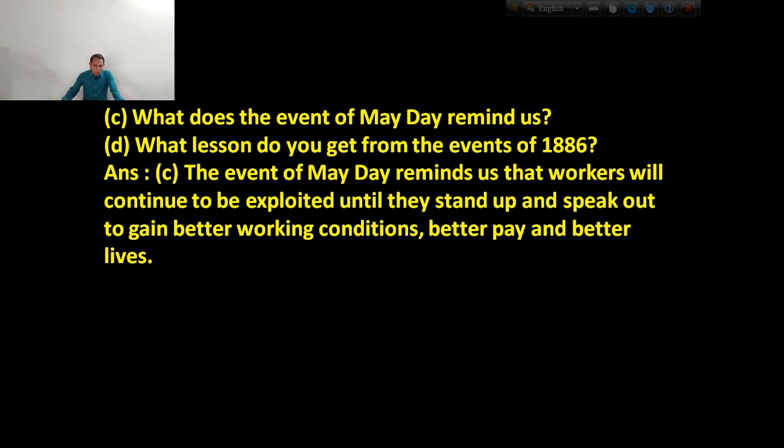Our fourth question is, what lesson do you get from the events of 1886? The event of May Day reminds us that workers will continue to be exploited until they stand up and speak up to gain better working conditions, better pay and better lives.